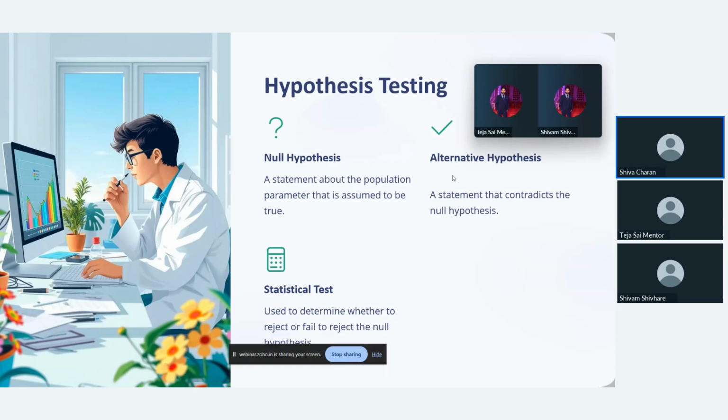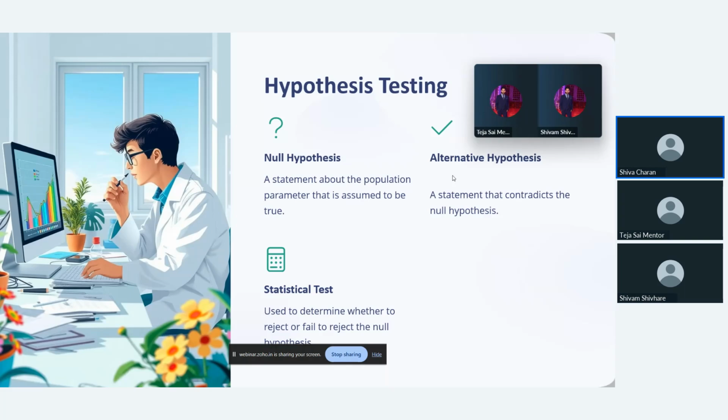Let's say you are working in the pharma domain and you have developed a drug. For that drug, the assumed statement is: drug is good.